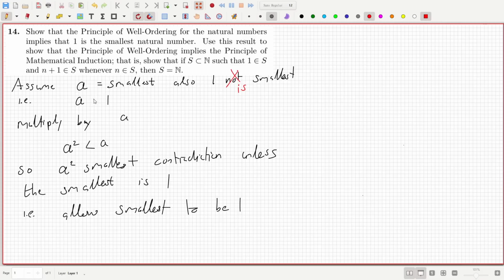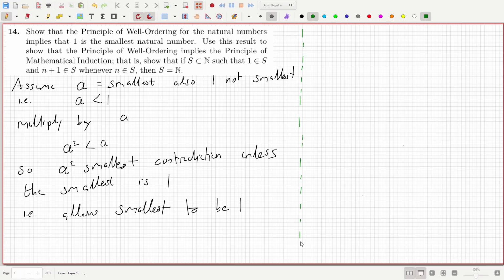So that means A equals 1. And then when you multiply both sides by A, by 1, this is true because 1 multiplied by itself is 1. So maybe it's not the best proof, but it'll do, I hope. I don't know how rigorous we have to be here.